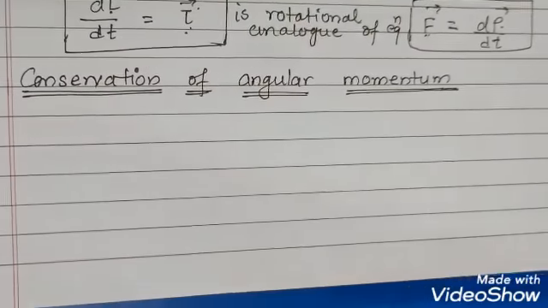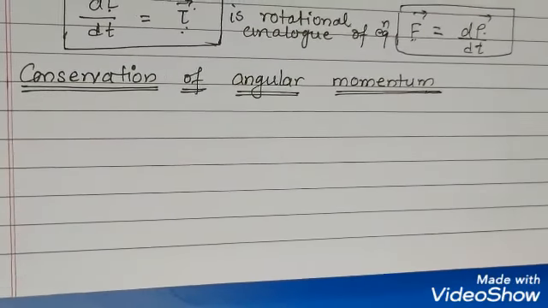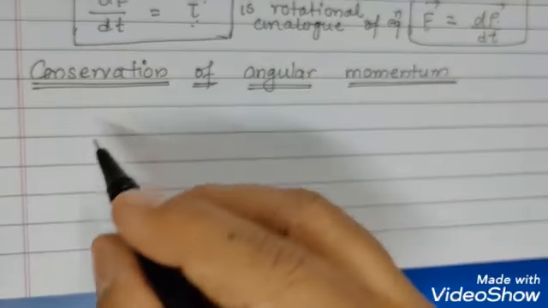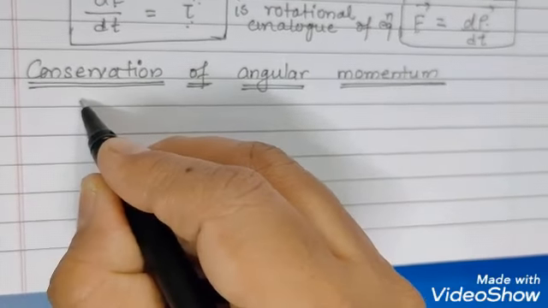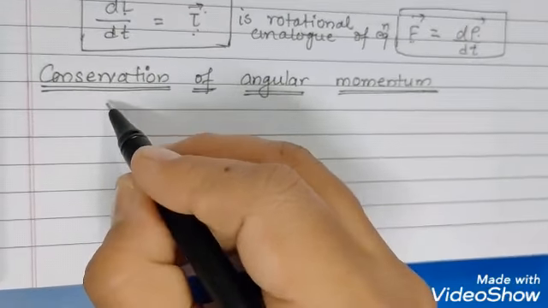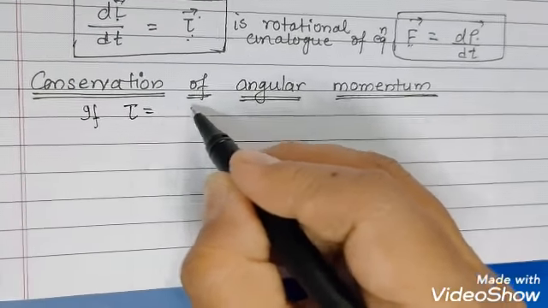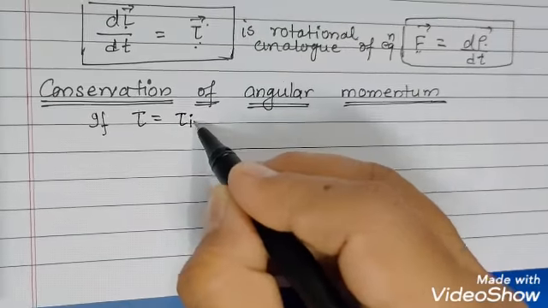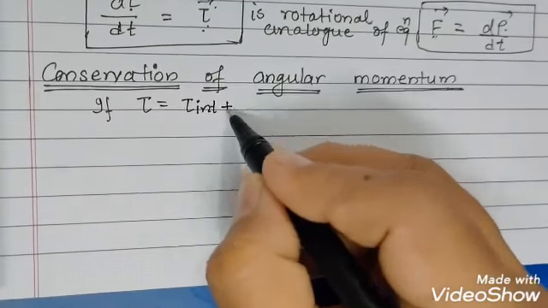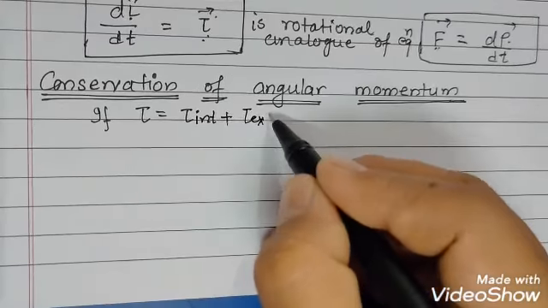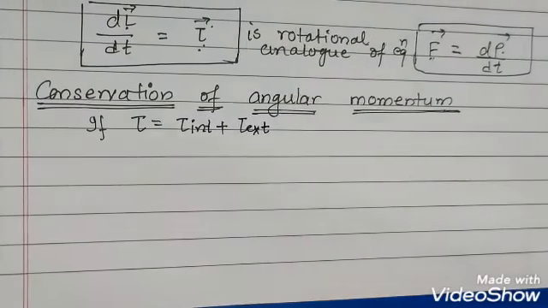Conservation of angular momentum, in which we will see that the total torque, tau, is the sum of the internal torque plus the external torque working on the system.